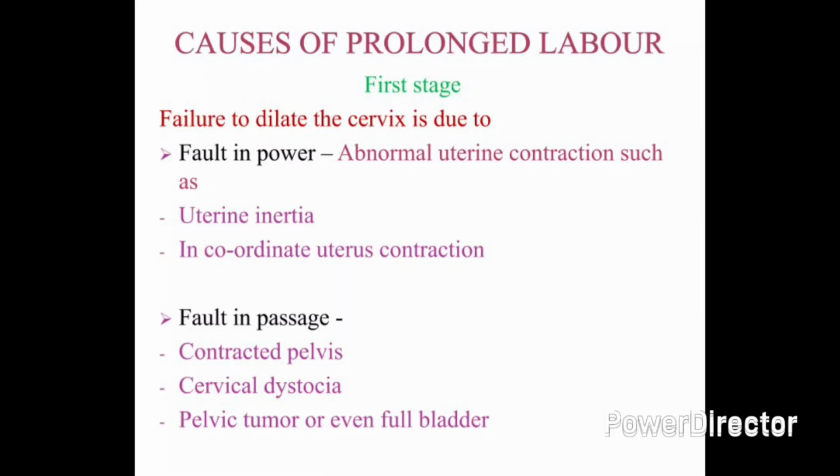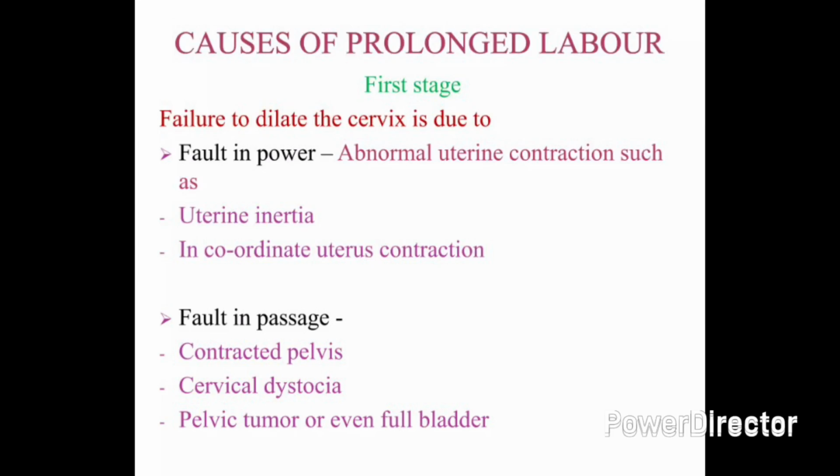Coming to the causes of prolonged labor, they are divided into first stage and second stage. In the first stage, they are again divided into three types: fault in power, fault in passage, and fault in passenger.